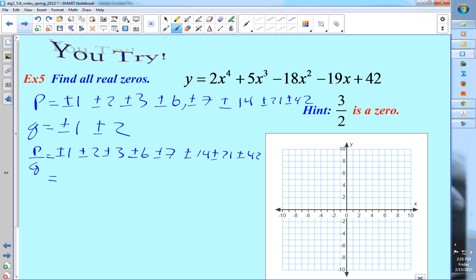And then the second row of your list will be plus or minus 1/2. 2 over 2 is 1. 3 over 2. 6 over 2 is 3. 7 over 2. 14 over 2 is 7. 21 over 2. And that's it. So it's an ugly list. But they are telling you for sure that 3 over 2 is a 0.